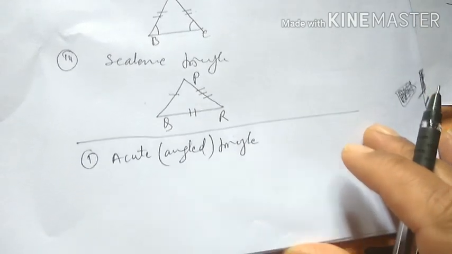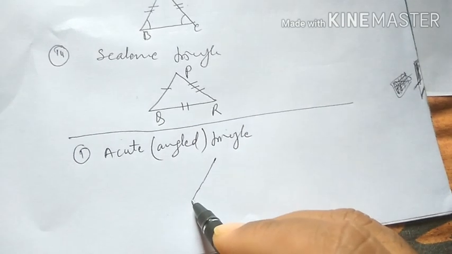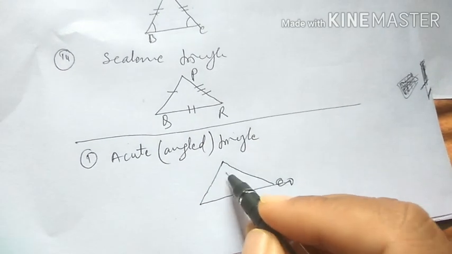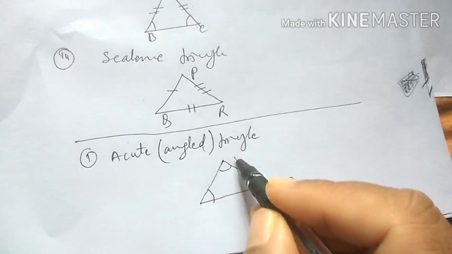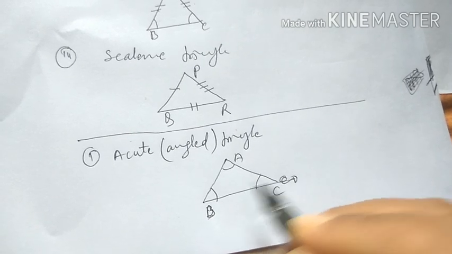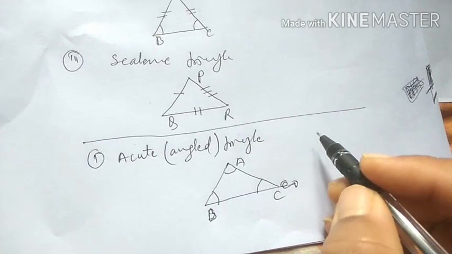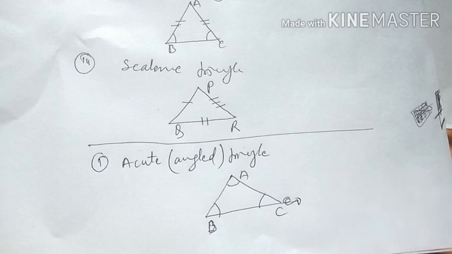So what is an acute angled triangle? A triangle whose all angles are acute, that means the measurement of each angle is less than 90 degrees. That means no angle is 90 degrees or more than 90 degrees. All three angles must be smaller than 90 degrees.